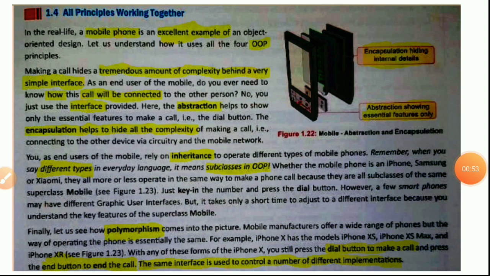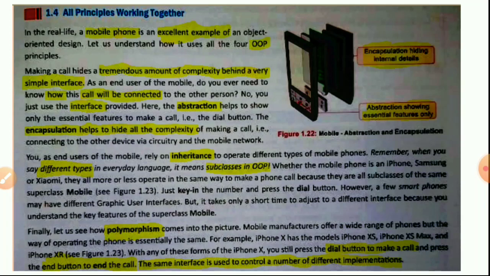So the topic here is all principles working together. That means how abstraction, encapsulation, inheritance and polymorphism are working in this example of a mobile phone. Okay, so the first feature, abstraction. In a mobile phone you have a simple interface, isn't it?